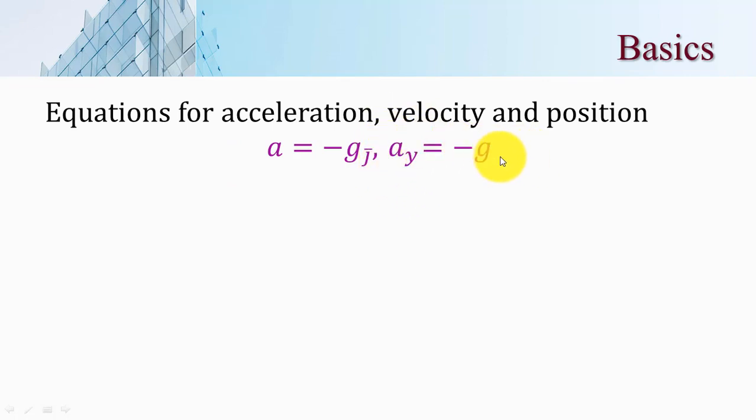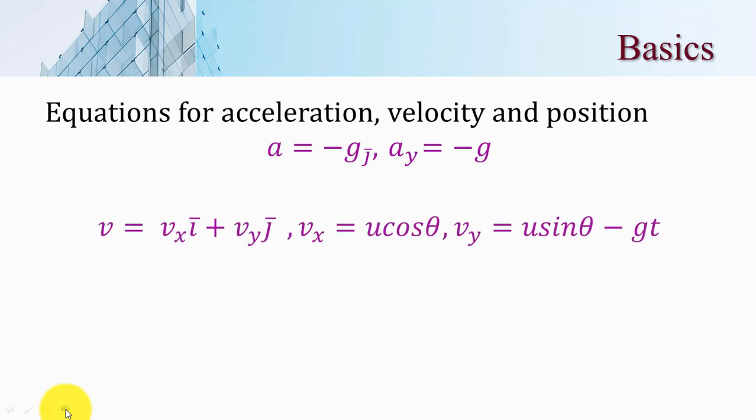Hence ay is equal to minus g, and based on this a, we have found out v, the velocity. So vx is equal to u cos theta and vy is equal to u sin theta minus gt.